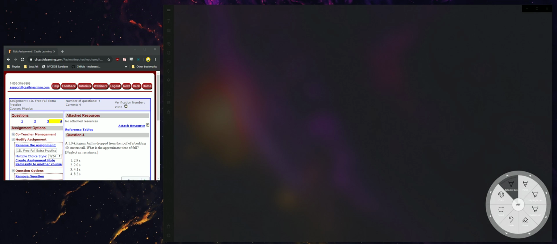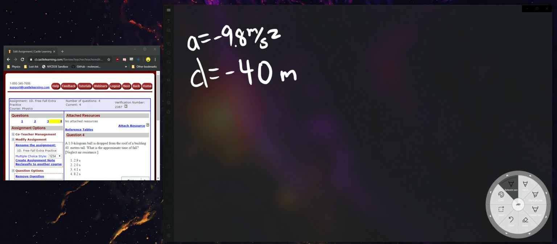All right, a 1 kilogram ball, that's a mass, we can ignore that, is dropped. So you know that acceleration is negative 9.8 meters per second squared, from the roof of a building 40 meters high. So we know our displacement is negative 40 meters. What is the approximate time of fall? We can assume that our initial velocity is 0 because it doesn't say otherwise. It's dropped, so we can assume that it's dropping from rest.